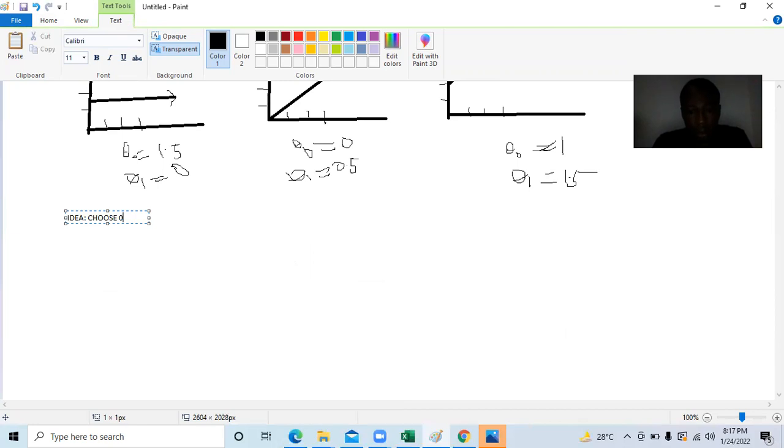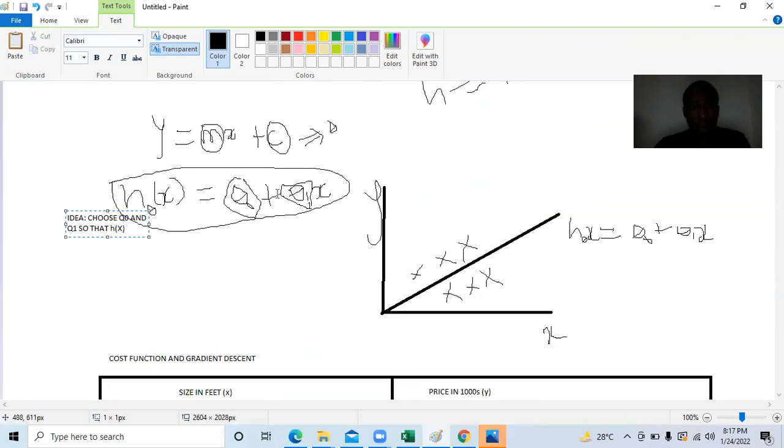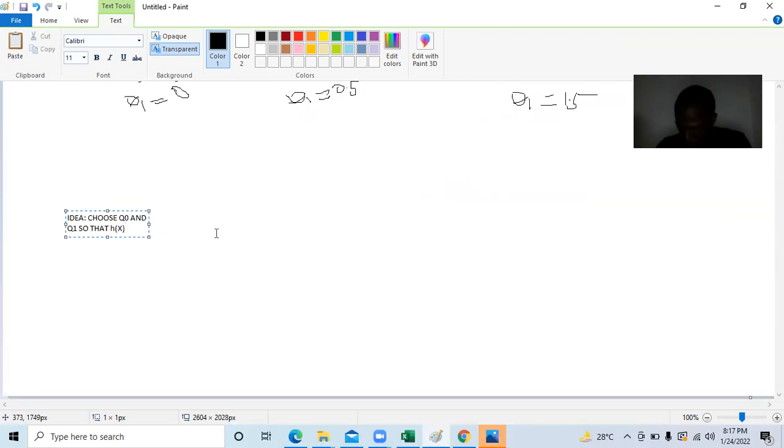Theta 0 and theta 1, so that h of x, which is our hypothesis, remember h of x, is close to y for our training examples. So write this down and I'm going to explain.